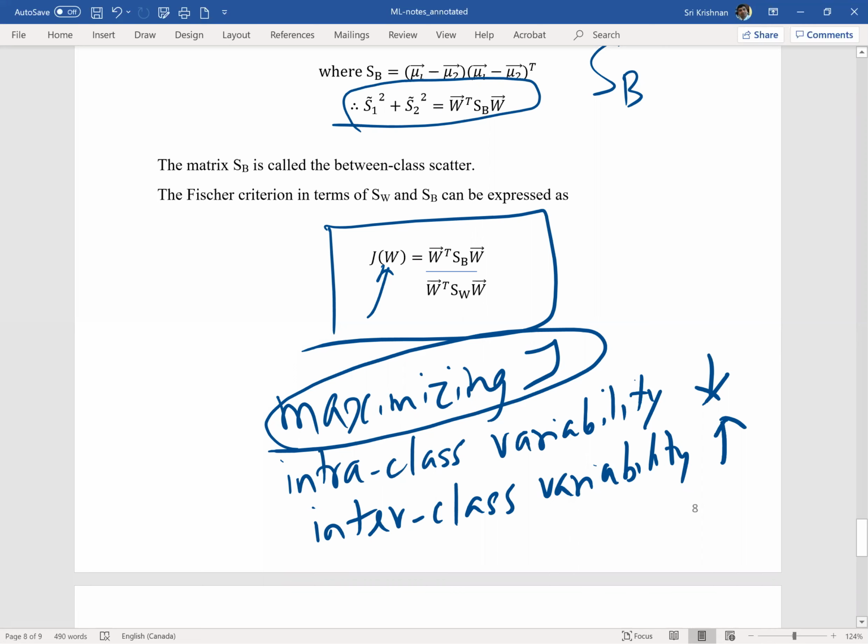LDA is very similar to the concept of principal component analysis, called PCA. PCA is a statistical concept, whereas LDA is more like a machine learning concept, but they are all interrelated.